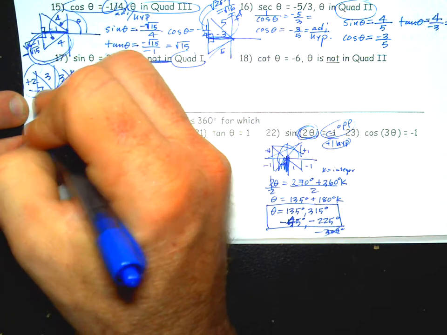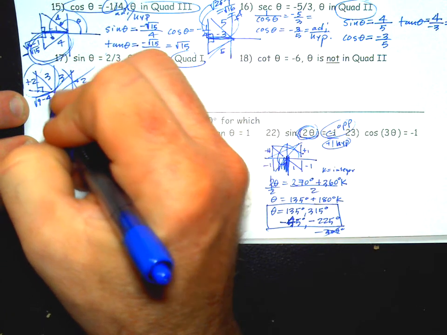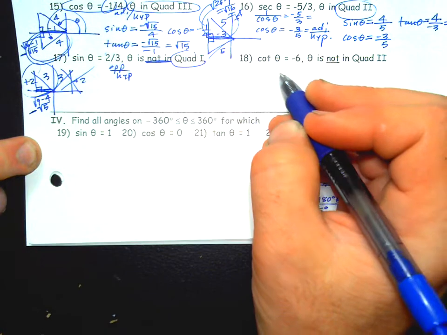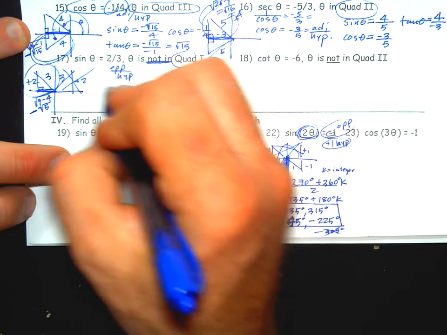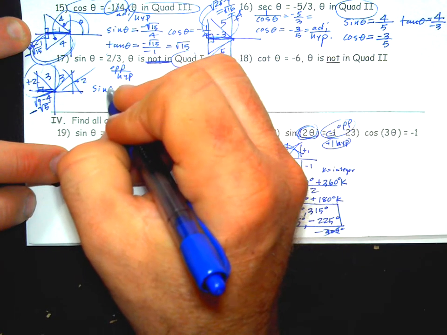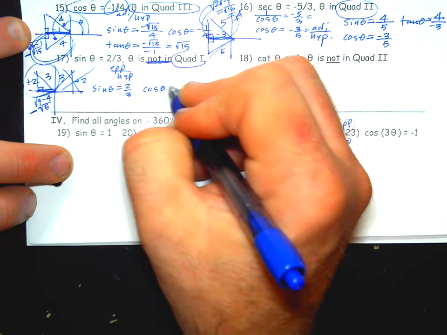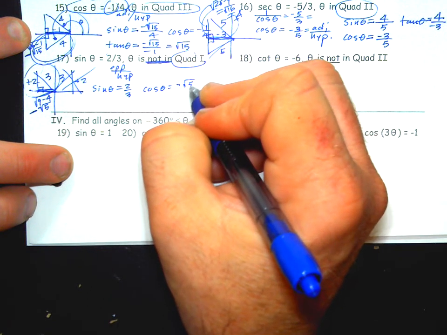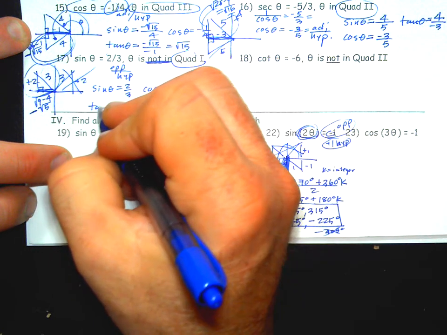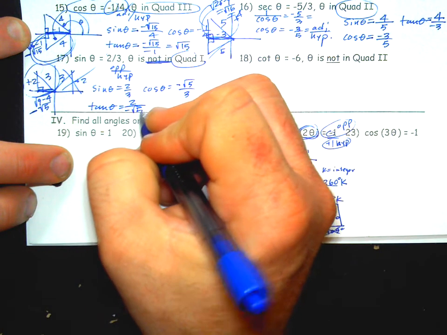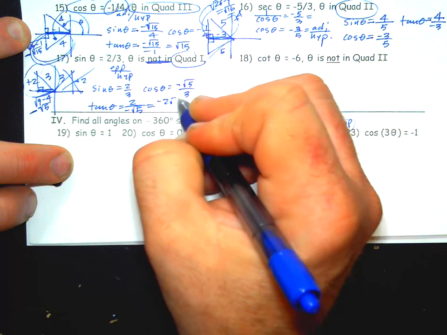Pythagorean theorem is going to be 9 minus 4, square root of 5. And it's going to be negative because it's to the left. Adjacent side is negative. So sine, we already know, is 2/3. Cosine is going to be adjacent, negative root 5 over 3. And tangent is going to be opposite over adjacent, negative 2 root 5 over 5.